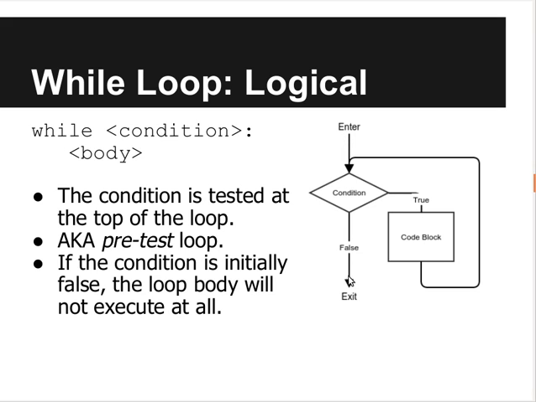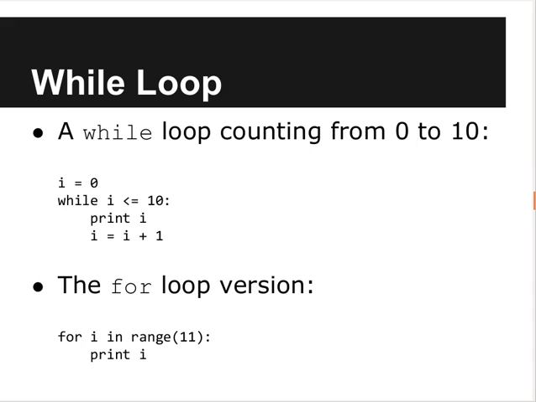Python will just cruise on through and never go into the loop, not even once. Keep that in mind, because that may be what you want to happen. But if you want it to always execute something, then you have to change things around. Maybe a for loop is better for you.